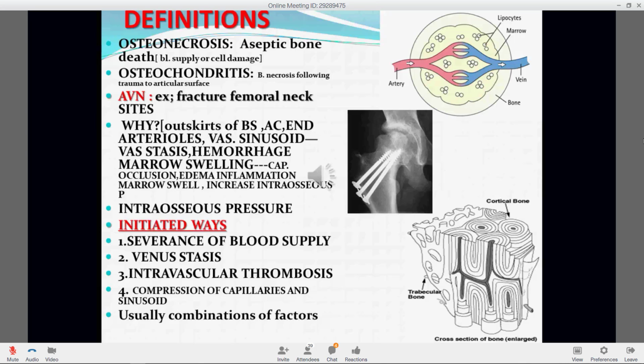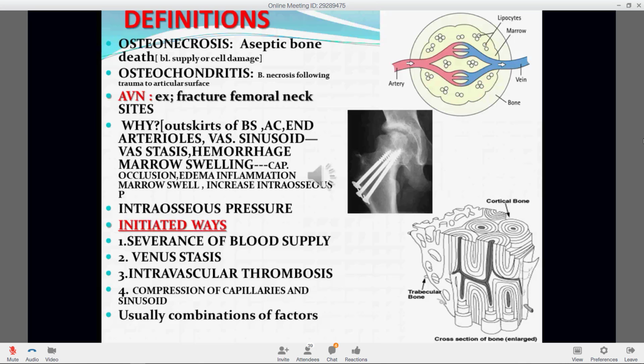All of them are at the outskirts of blood supply. They are covered with articular cartilage, and the arterioles are end-type arterioles. They are supplied with sinusoids. Sinusoids, as you know, have no adventitia, only one layer of endothelium.